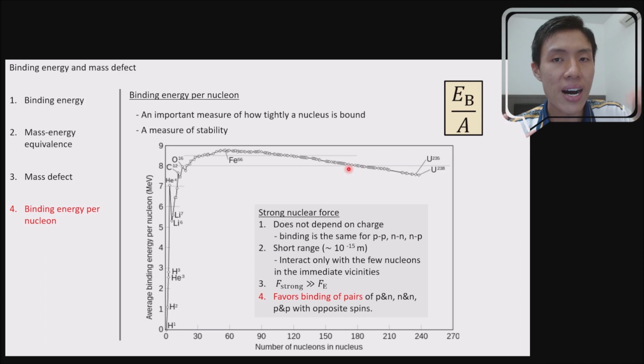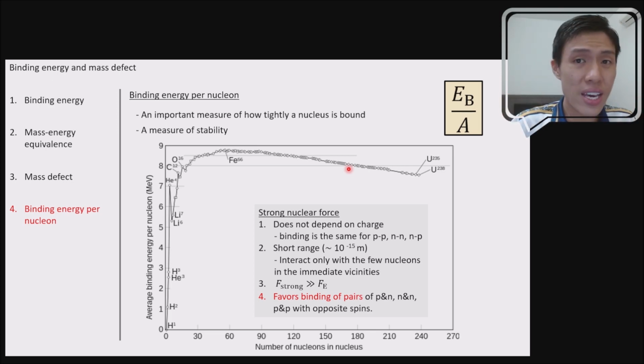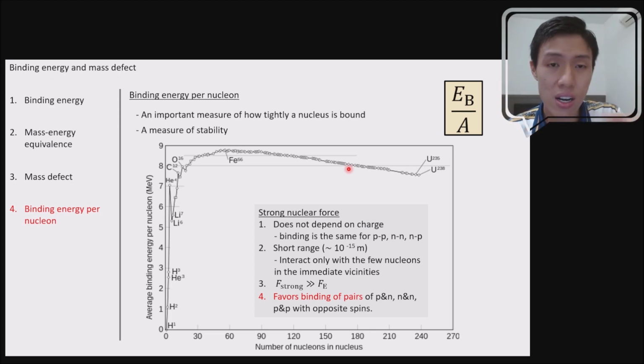But at the same time, you know that the increase in nucleons means an increase in protons as well. So if your protons get more and more numerous, the protons repel each other, and the repulsion force will keep increasing, because repulsion, you know, is kq over r squared. Even though it extends to infinity, only when r goes to infinity does the force go to 0.